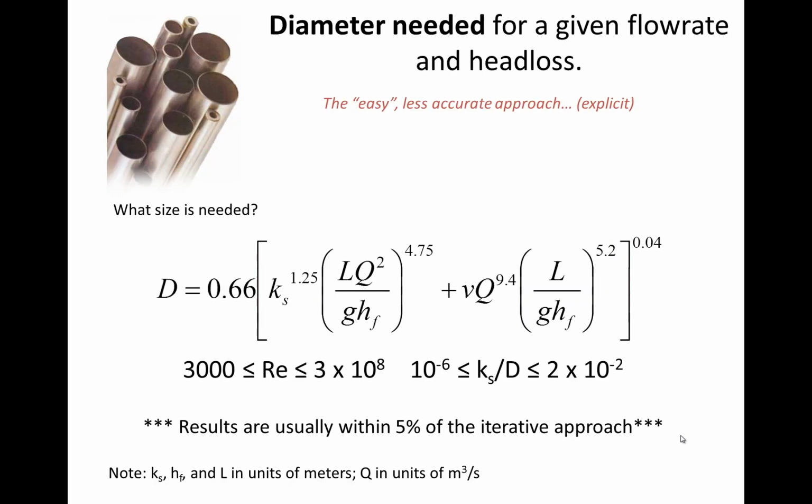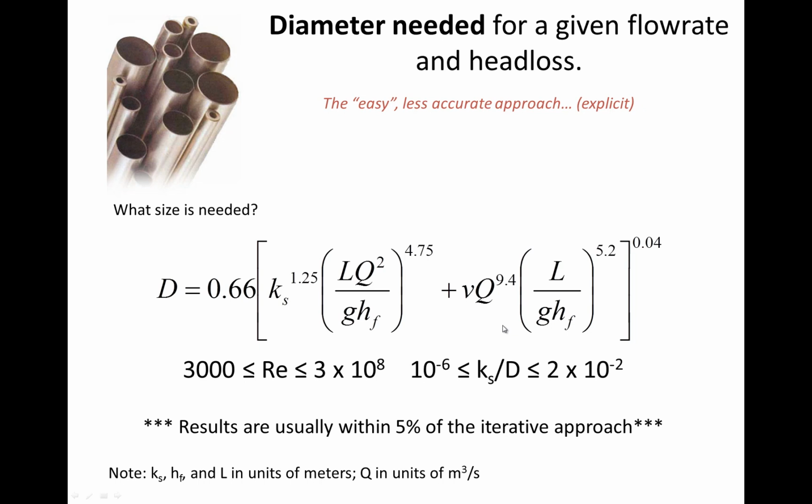I showed you this expression in class on Tuesday, and it's the so-called easy approach that avoids the need for iteration. It's an empirical expression that says usually if you're within a certain Reynolds number range and for a certain range of relative roughnesses, the diameter can be predicted within 5% by using this approach.